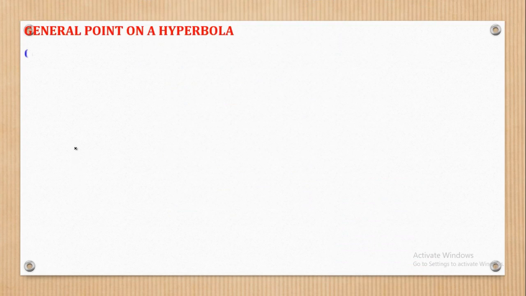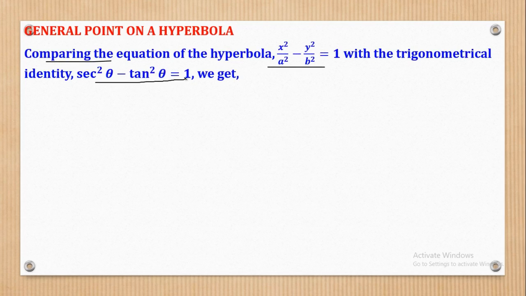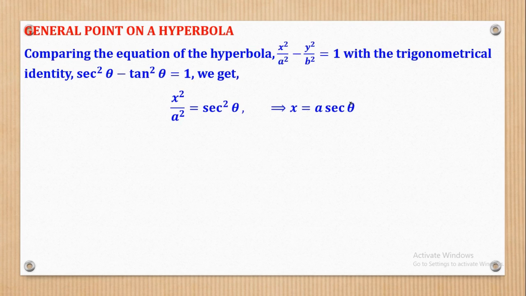Then we shall go to the general point on a hyperbola. We already saw it, now let's see how it comes about. So we shall compare the equation of the hyperbola, this, with the trigonometrical identity of this. I think you remember this under trig identities. We shall say this one is equal to this, and therefore we shall come up with x being equal to a sec theta when you put square root on both sides.